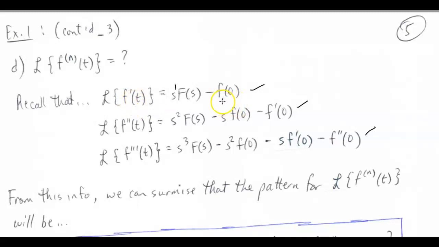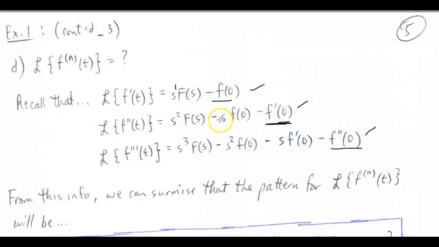And of course, here we see that the last term is always minus the derivative of order minus 1. So this is first order, and order 1 minus 1 is 0, which is just the function itself. Order 2 minus 1 will be the first order, so minus the first derivative evaluated at 0. Order 3 minus 1 is order 2, so we have minus the second derivative evaluated at 0. So we always know the last term is that.